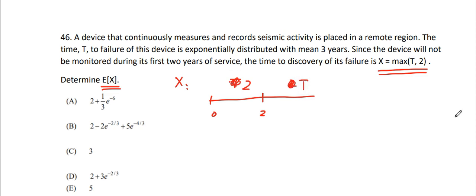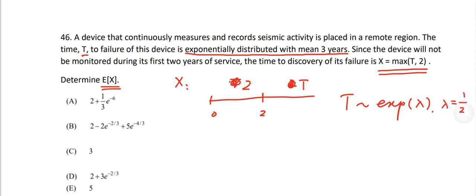Right? So what is t? Okay, so the time t is exponential distribution with mean 3. So t follows this exponential distribution with mean 3, so this lambda is 1/3.